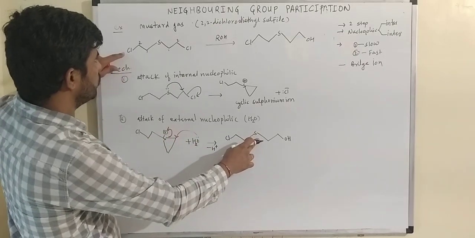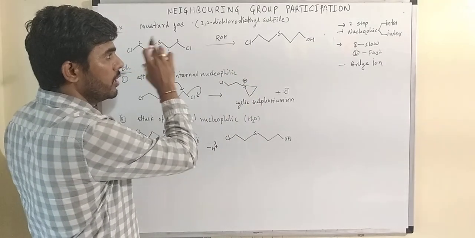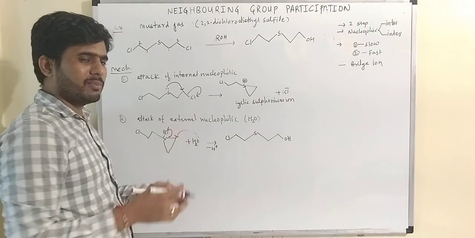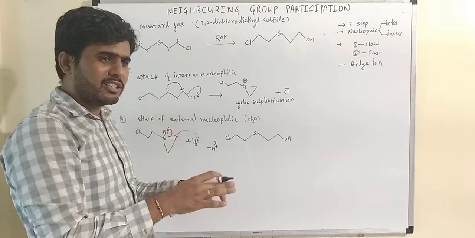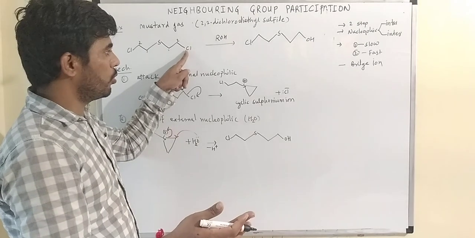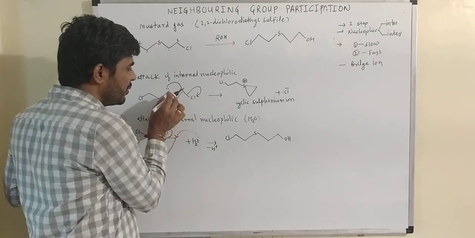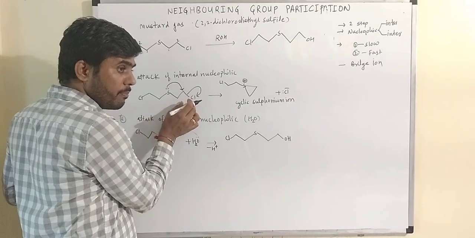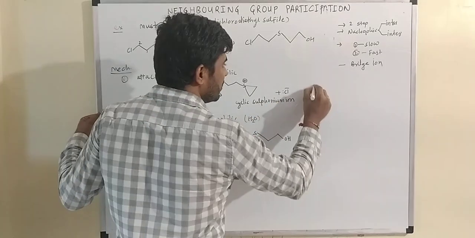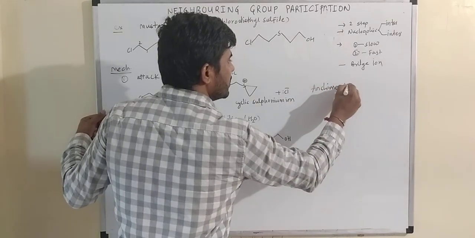If you compare these two, the sulfur is at its original position, so it is not a rearrangement. Sulfur participates only temporarily. Sulfur participates in the reaction to accelerate the rate of reaction, which helps to depart, pushes this chlorine group. This type of mechanism, where any internal group helps to depart the leaving group present in the same molecule, is known as anchimeric assistance.